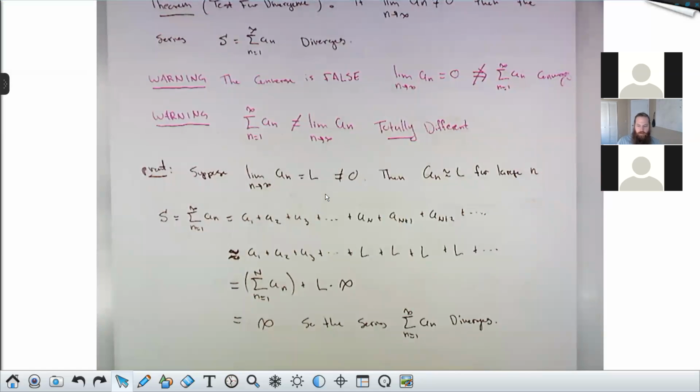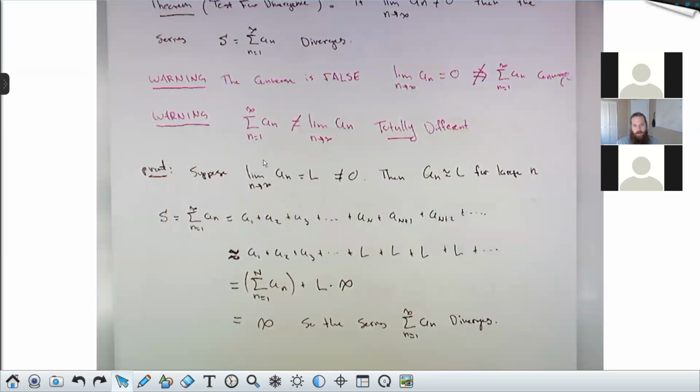Right? That's what it means to say the limit of the sequence AN is L. That when you look very, very late in the sequence, the terms of the sequence are close to L. So maybe these first few terms, I don't know what these are and I don't care. But these last terms, all the terms from some point on have to be very, very close to L. Remember when we talked about the definition of convergence for a sequence?